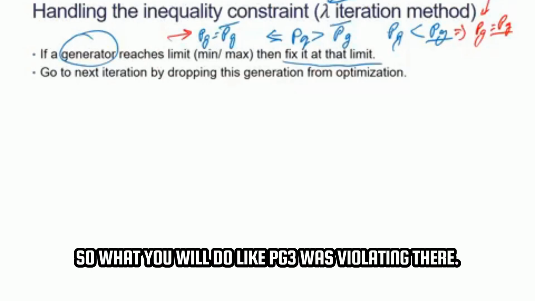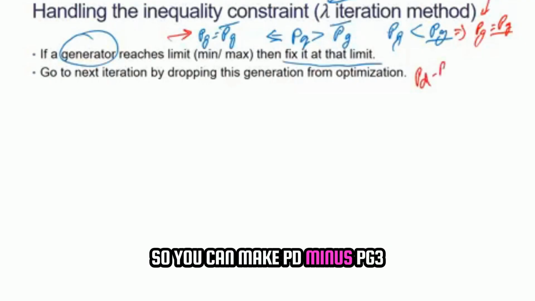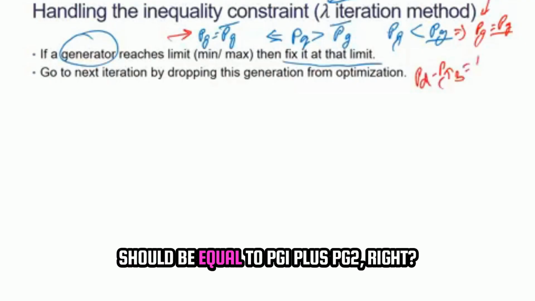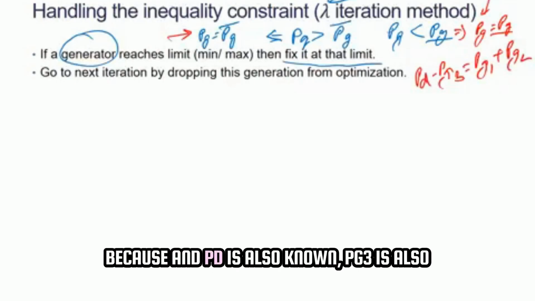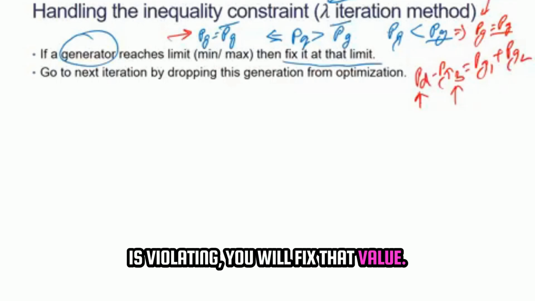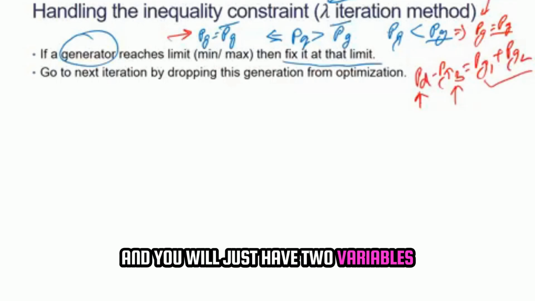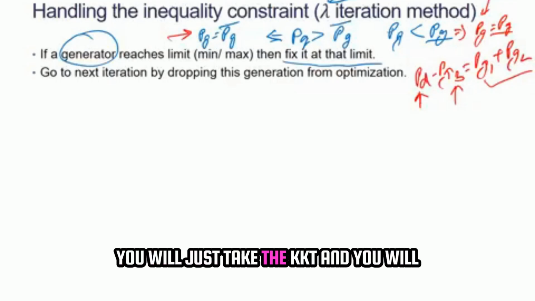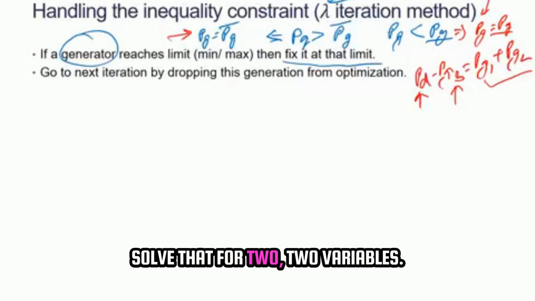So PG3 was violating there, so you can make PD minus PG3 equal to PG1 plus PG2, right? PD is known and PG3 is also known, because whichever generator violates its limit, you fix that value. Then you will just have two variables in the optimization problem, and you will take the KKT conditions and solve for two variables.